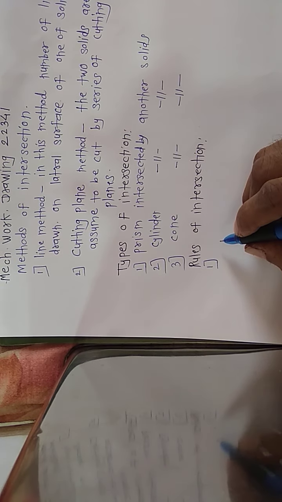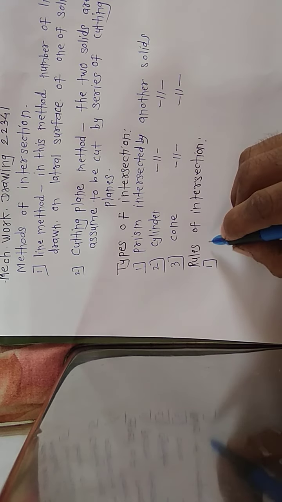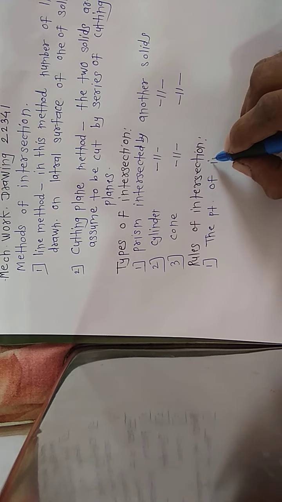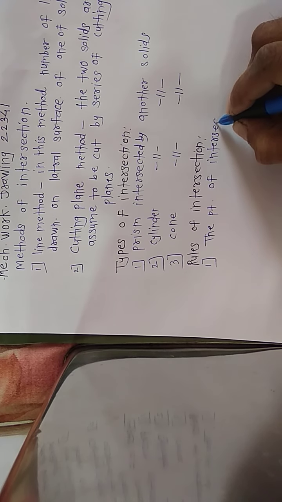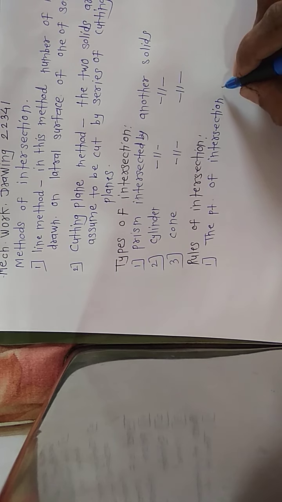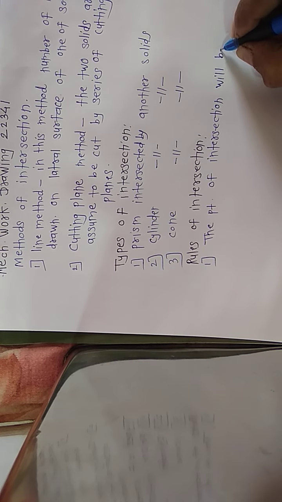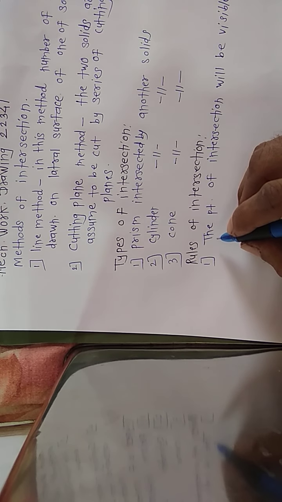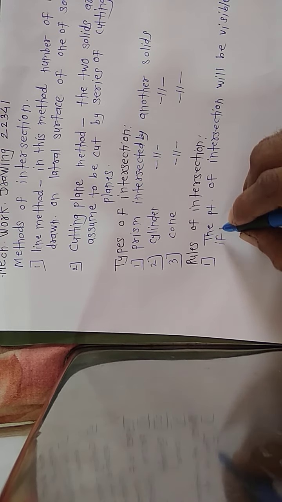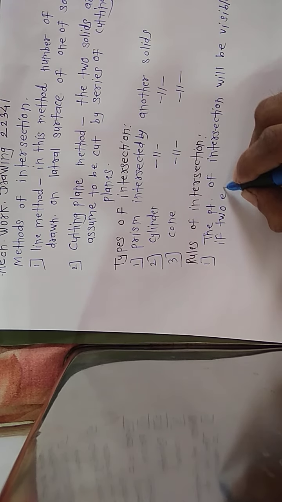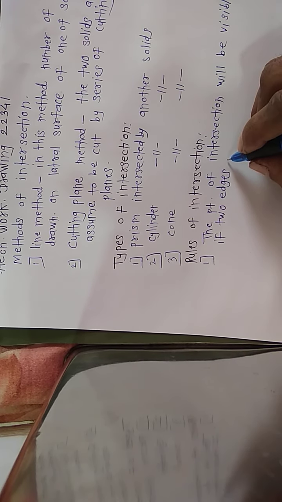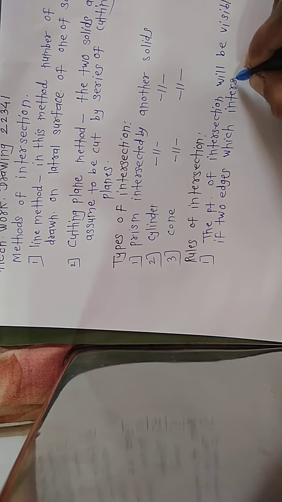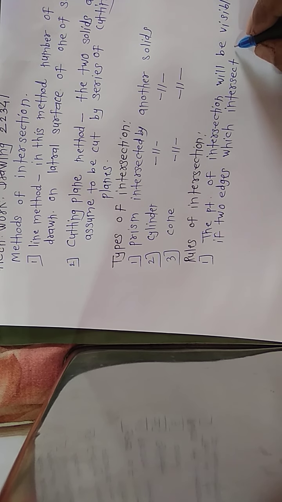First rule is that the point of intersection will be visible if the two edges which intersect are visible.